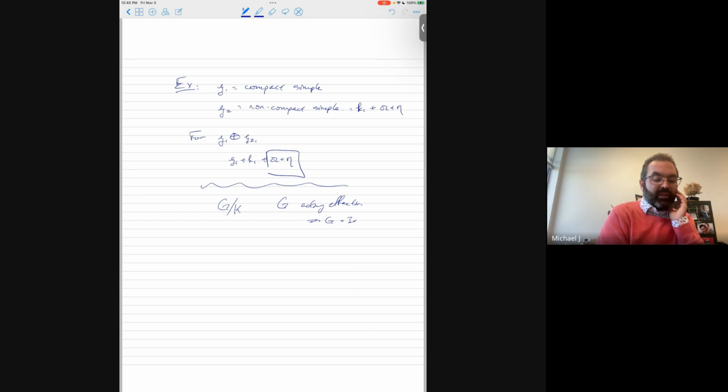Well, roughly, right? I'm going to assume G is connected. So G is the connected component of the isometry group. To get that, you need G acting effectively. And if G had any simple factors, they would just get absorbed into the K and disappear.